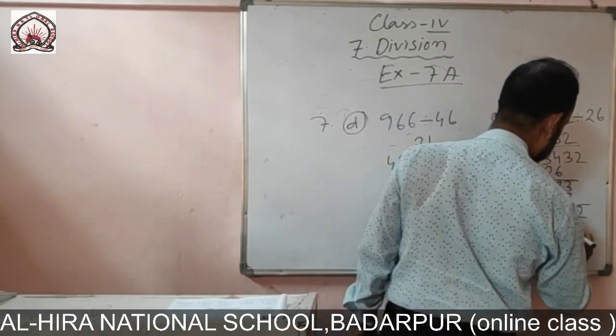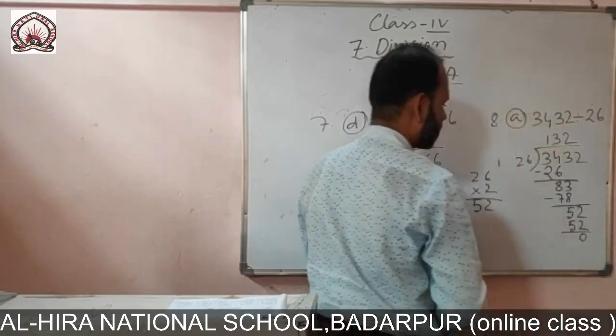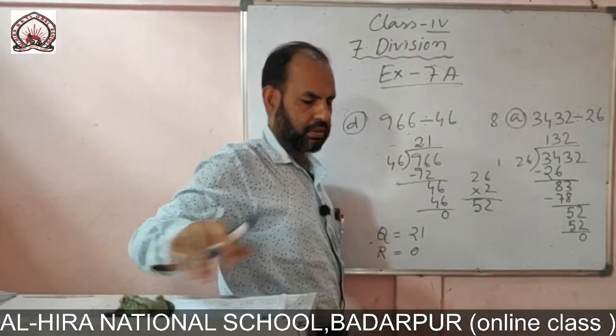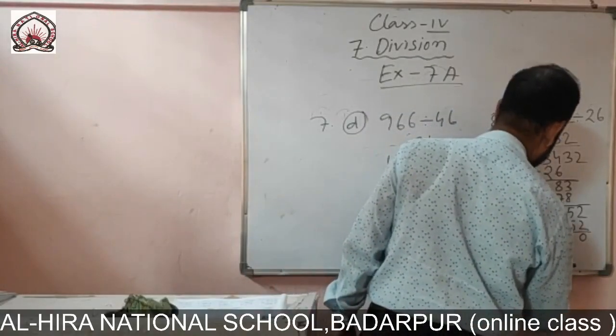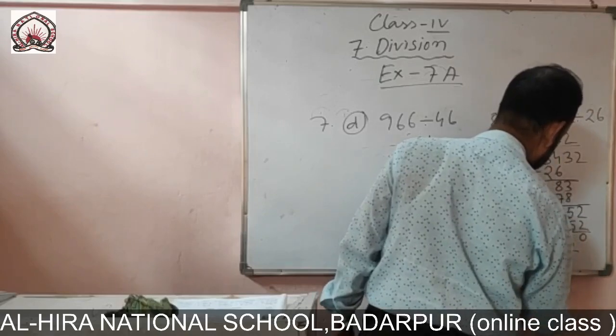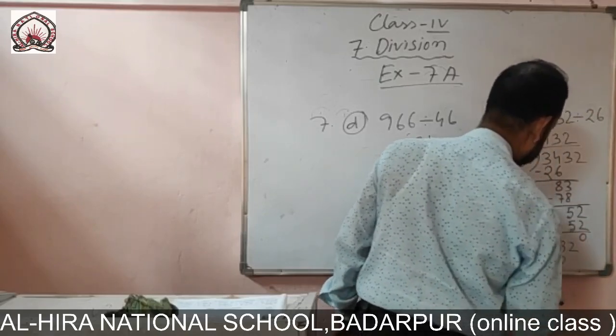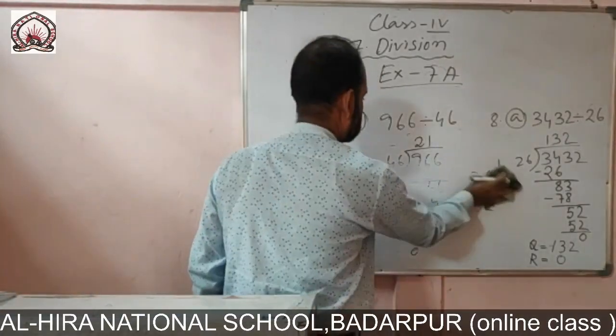Remainder is 0. Quotient equal to 132 and remainder R equal to 0. Next question number 8.